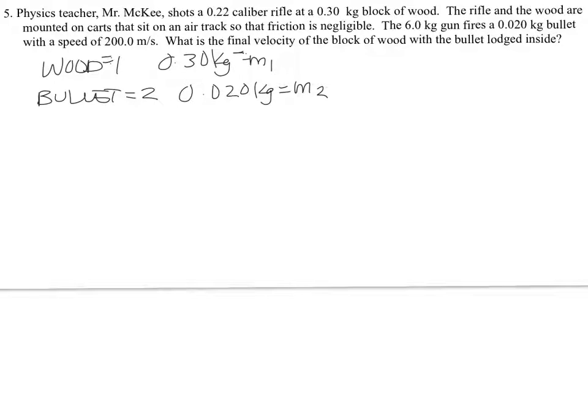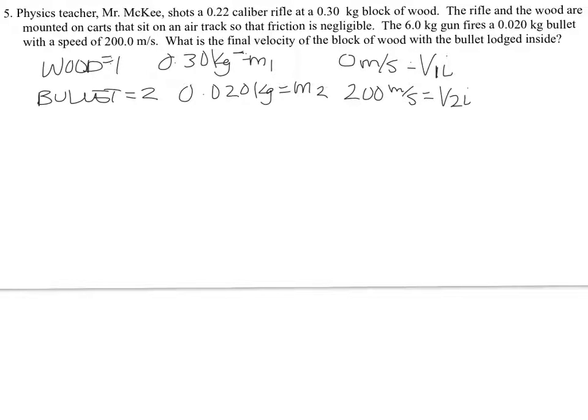After reading too, we know the wood block is just sitting there, so its initial velocity is 0 meters per second. That's object number 1's initial velocity. Now the bullet is shot at a pretty high velocity here of 200 meters per second. So that's object number 2's initial velocity.